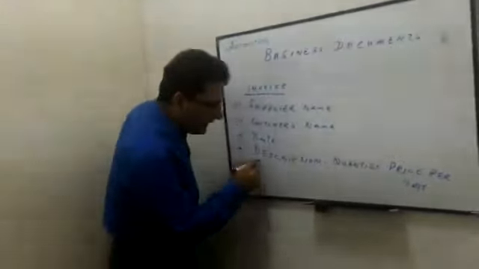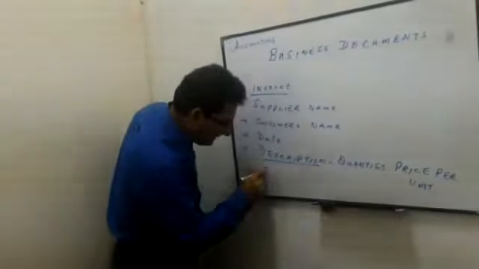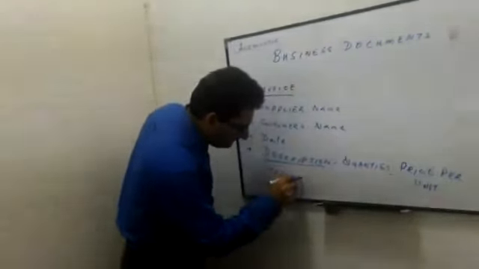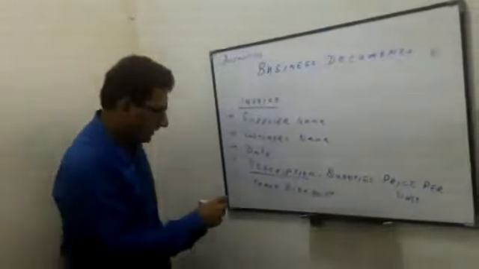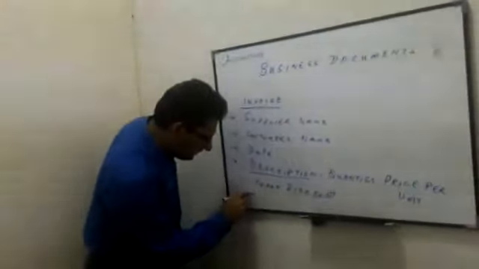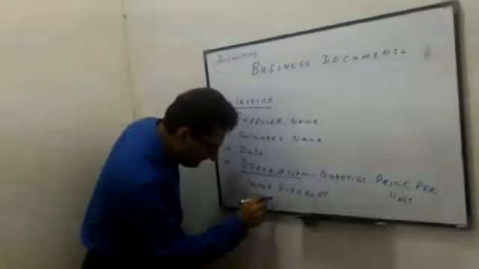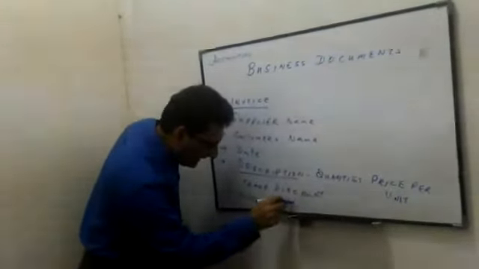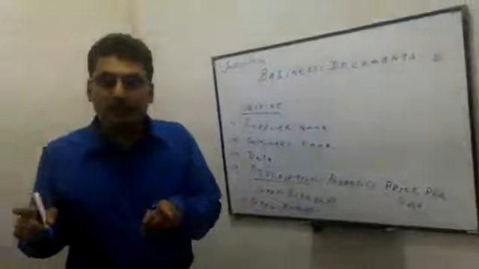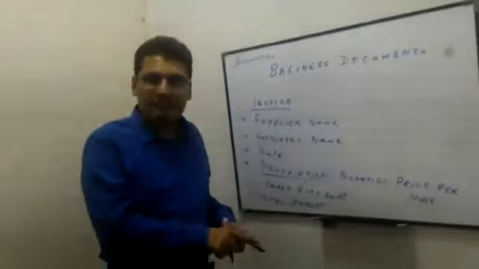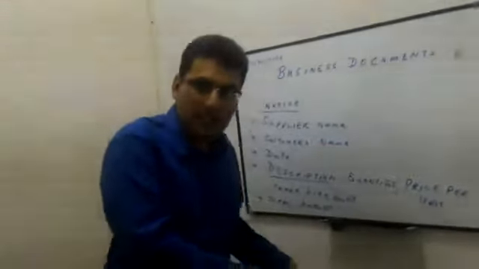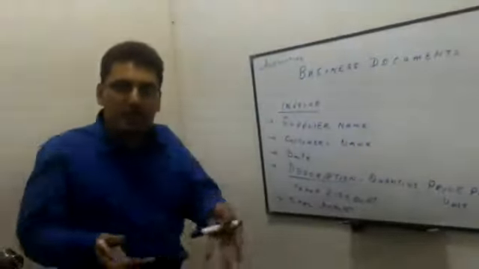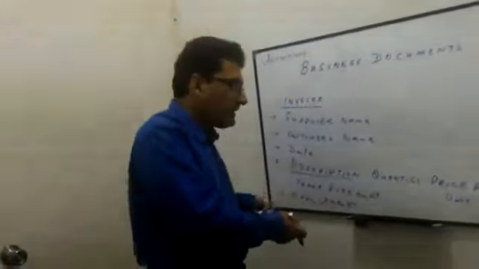And also the goods details, the description. In the description, normally you will find the quantities, how many quantities were delivered, and the price per unit charged. And if the goods are delivered in great quantity, that is basically bulk buying.